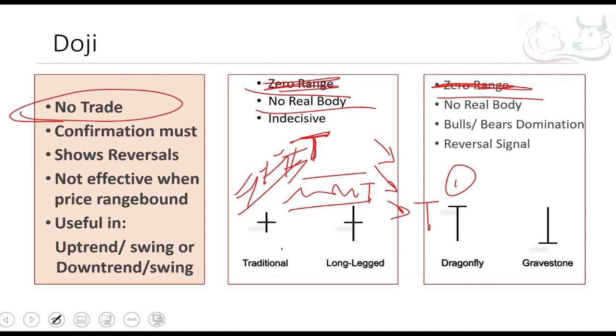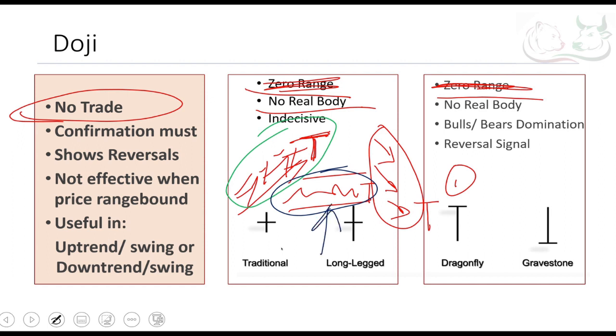Let me color it differently. This is your upswing, this is your downswing, and this is your, let's say, range, right? These are three different things that we see in a stock market, and particularly in a range, it doesn't really have any importance.